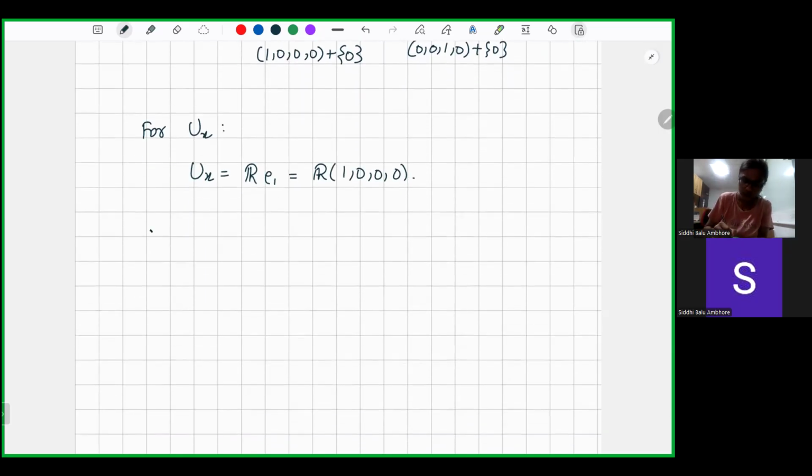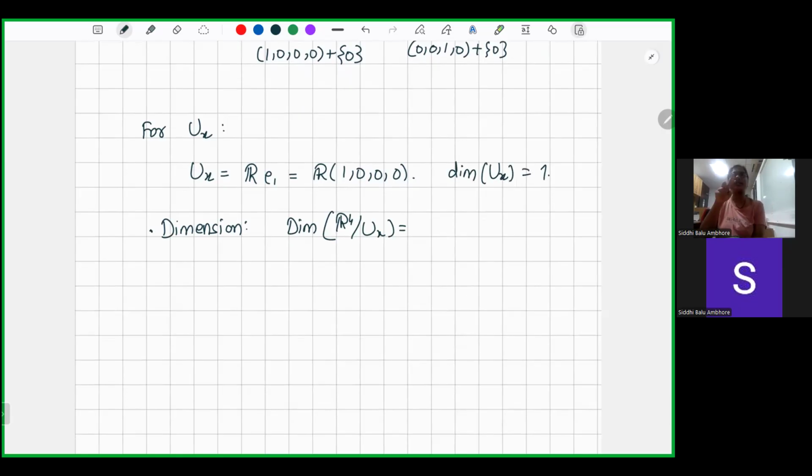The dimension of R4 quotiented by Ux will be, so the dimension of Ux is just one, right? Because it is generated by only one element e1 here. So the dimension of R4 mod Ux will be the dimension of R4 minus the dimension of Ux, which is 4 minus 1, and that is 3.